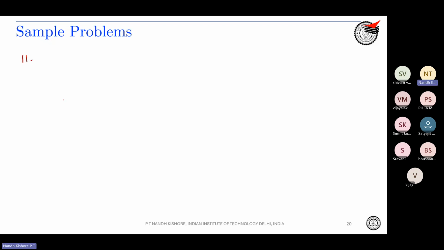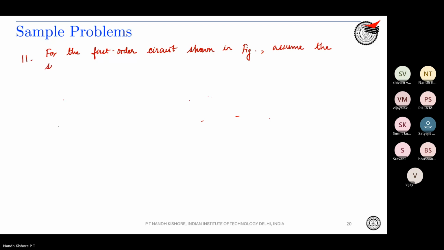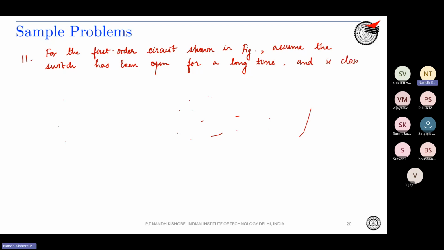The question is: for the first order circuit shown in figure, assume the switch has been open for a long time and is closed at t equal to 0.